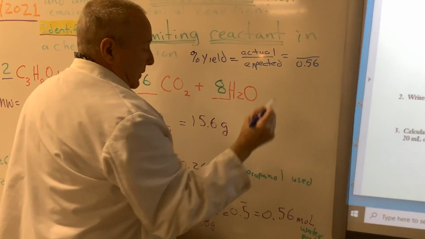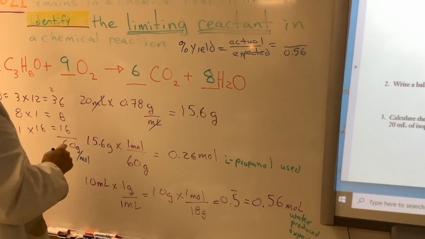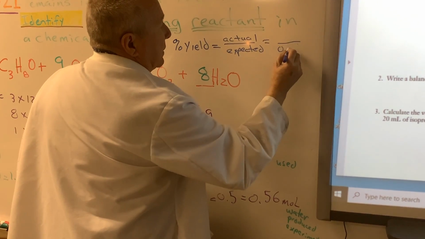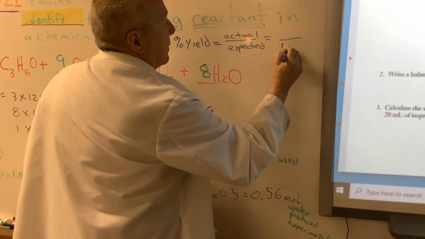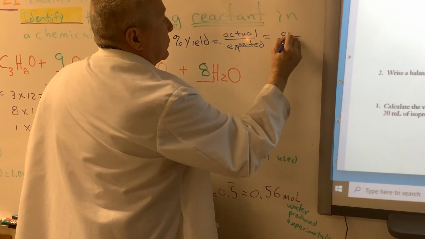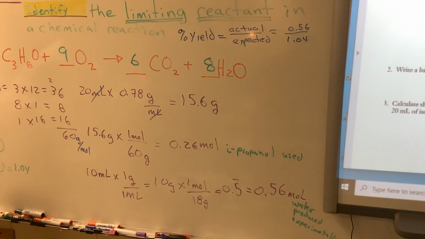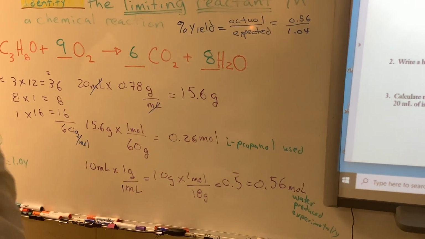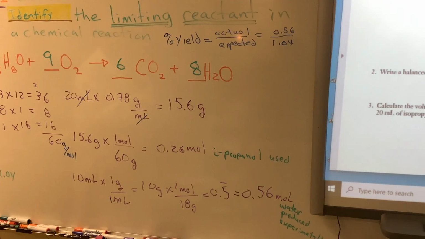We expected 1.04 over here. And we produced 0.56. So now, if I do a quick calculation, I'll see that my yield is just a little bit over 50%.